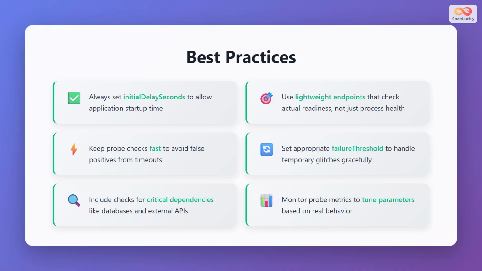Following best practices ensures your readiness probes work effectively. Always set initial delay seconds to allow adequate application startup time. Use lightweight endpoints that check actual readiness, not just whether the process is alive. Keep probe checks fast to avoid false positives caused by timeouts. Set an appropriate failure threshold to handle temporary glitches gracefully without immediately removing the pod from service.